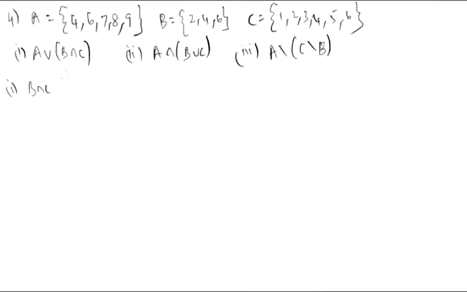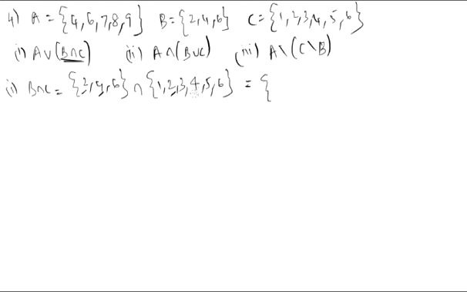Compute what's inside the bracket. B is 2, 4, 6. Intersection C is what? 1, 2, 3, 4, 5, 6. Intersection is just the common elements. Yes, 2 is in both. 4 is in both. 6 is also in both.